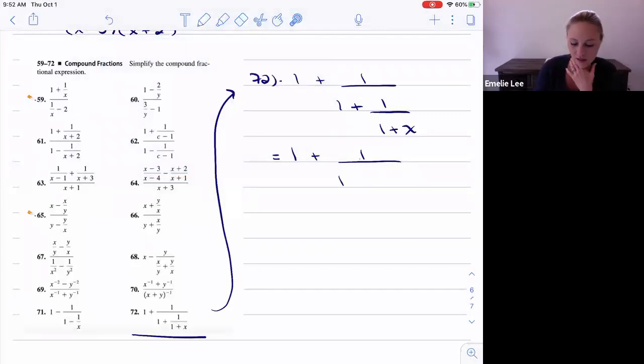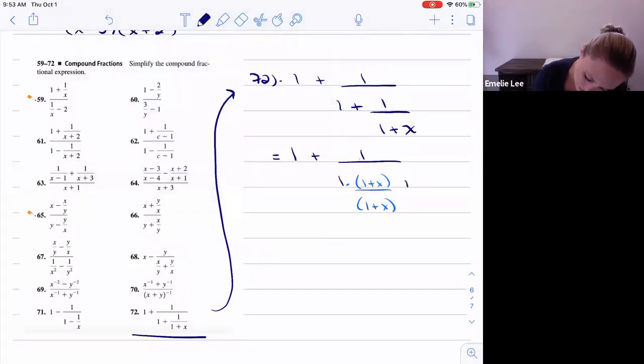To get this over a common denominator, I need a denominator of 1 plus x. So my 1 is going to be 1 times 1 plus x over 1 plus x, plus 1 over 1 plus x.